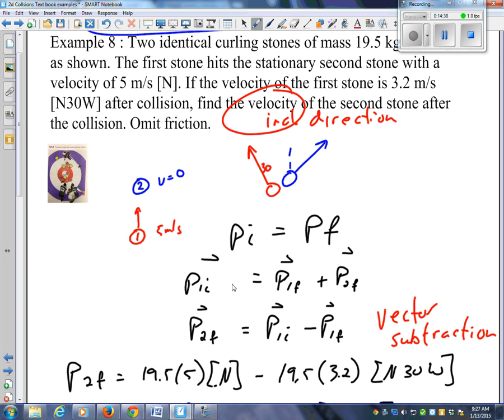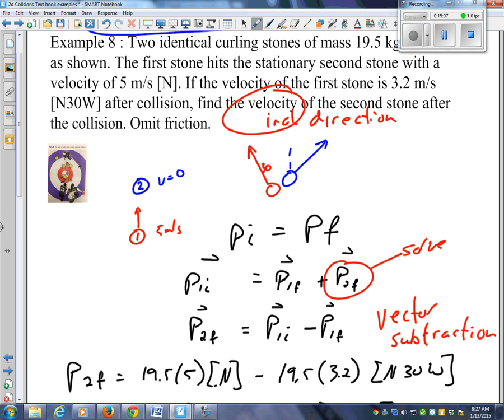P2I is equal to 0, so I just omitted it. And because I'm looking for the velocity of the second stone, this is what I have to solve for. So I took the P1F to the other side, so I've got P1I minus P1F, which is what I wrote here, and that's equal to P2, right?